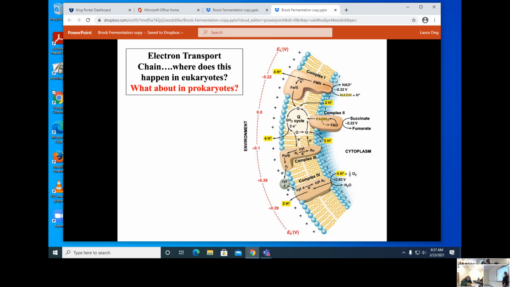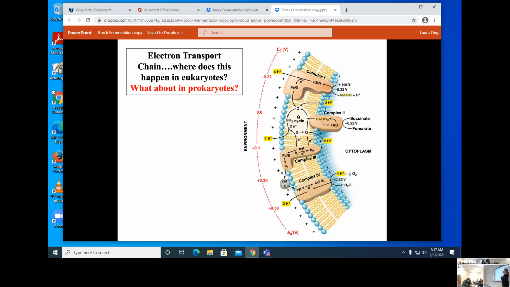So you're depending on having a proton gradient outside the cell, where you've got high protons versus low protons. If the environment is super basic, soaking up a lot of extra protons, this is going to have a hard time running. Yeah, good. There are way more bacteria that can live in acid environments than can live in basic environments because of that.